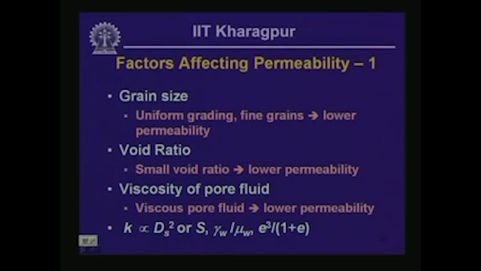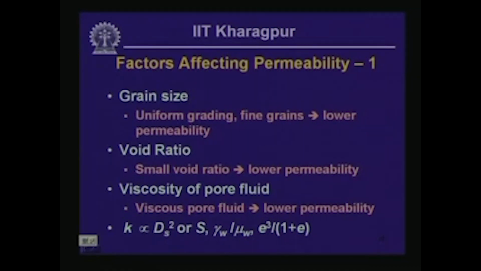Now, first of all, we mentioned in the previous lesson that permeability is a measure of those factors that inhibit groundwater flow. We know that already from what we have learned so far.